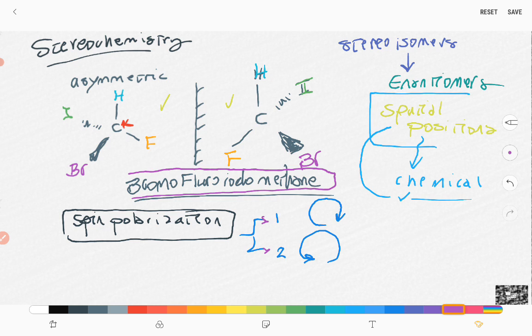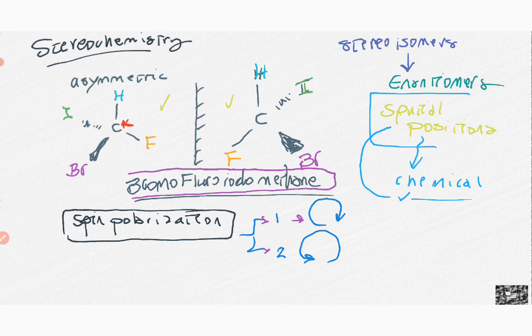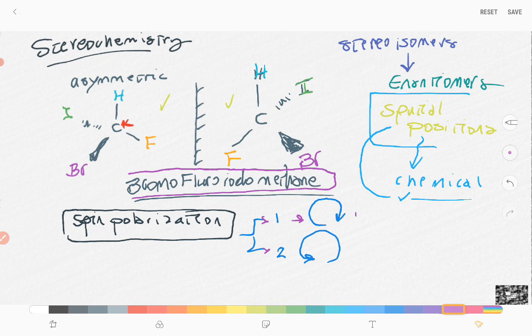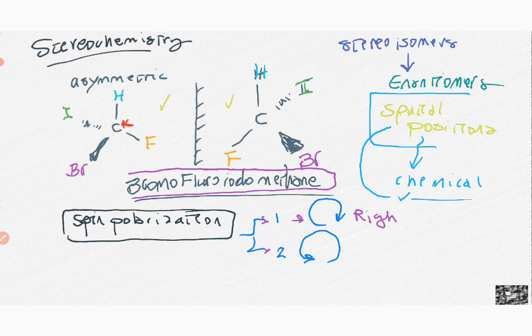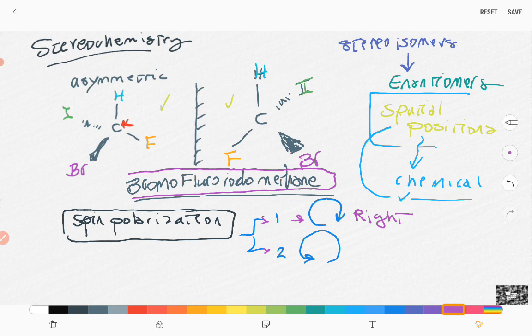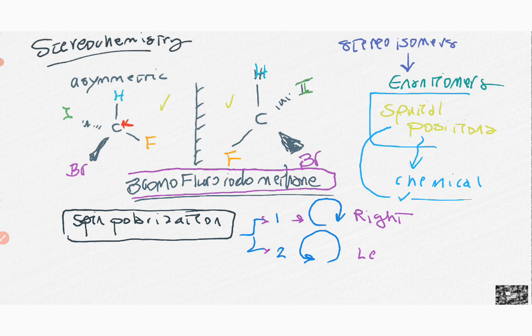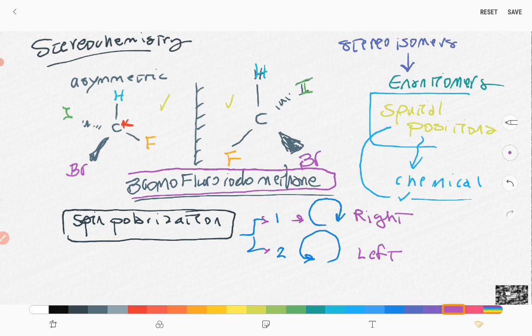For example, the enantiomer number 1 spins the light to the right, and enantiomer number 2 spins the light to the left. So that is the difference between them.